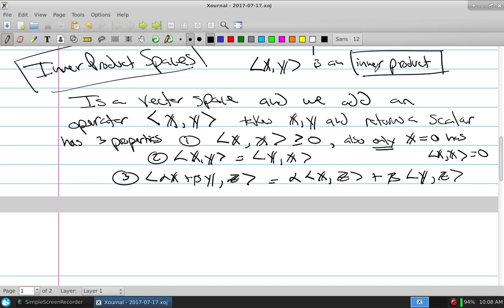So when we define within this class the word inner product, what it's done is it's gone up into whatever vector space you want, and it's saying, hey, define an operator however you choose as long as it meets these three properties. If it meets these three properties, this inner product is useful. Now, a vector space with an inner product put together is going to be called an inner product space.